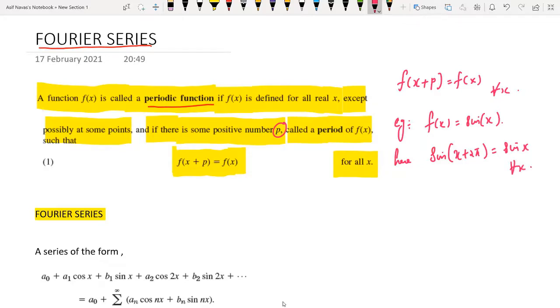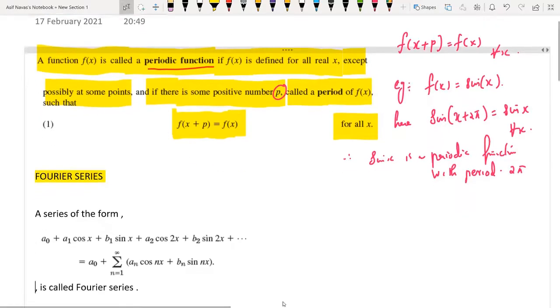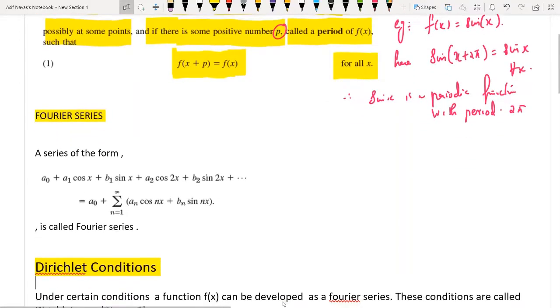Therefore, sin x is a periodic function with the period 2 pi. Okay, so after that we will define Fourier series.